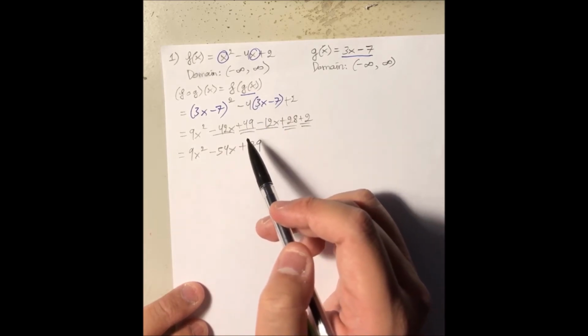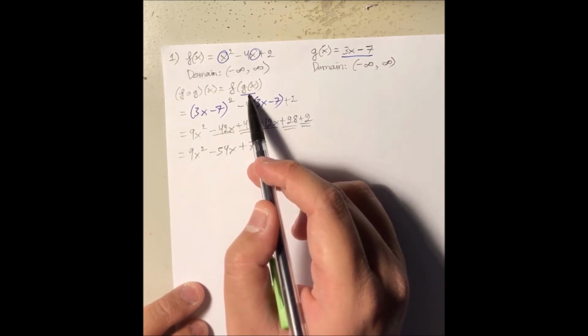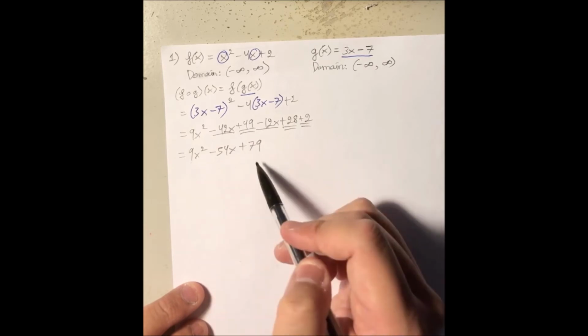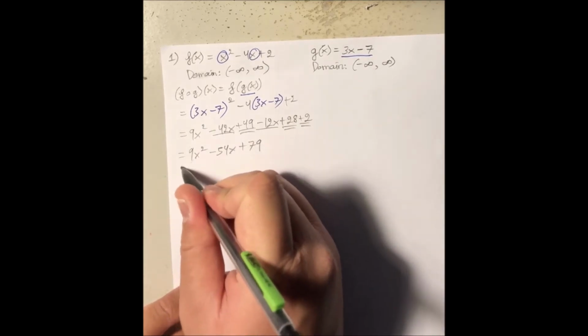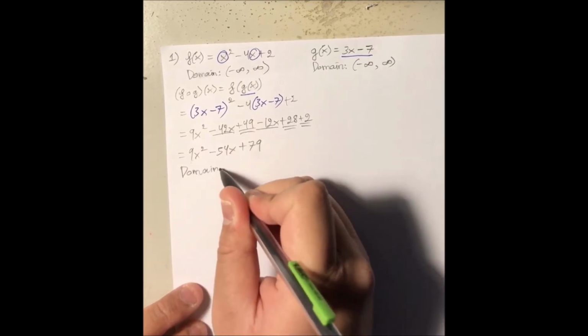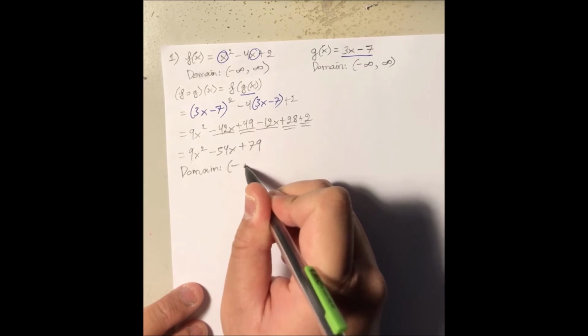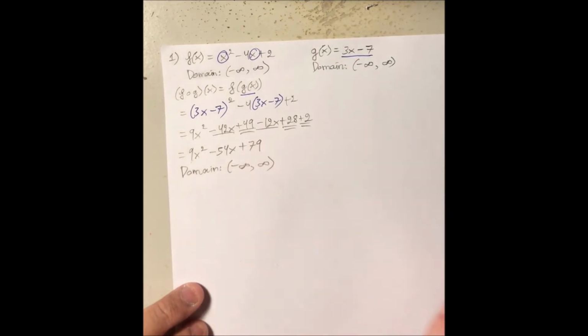So looking at both the restrictions of the inside function, which we don't have any, and the restriction of the resultant function, which we also don't have any, the domain of the result is going to be from -infinity to positive infinity again, which is all real numbers.